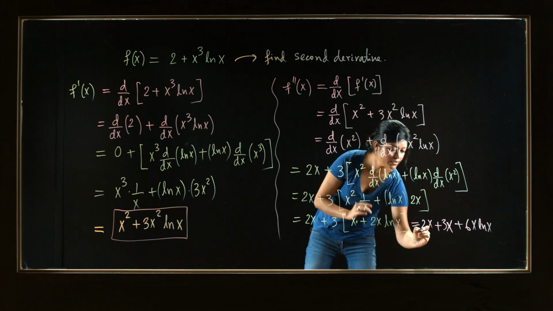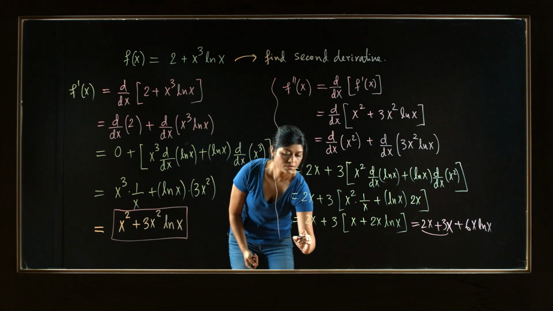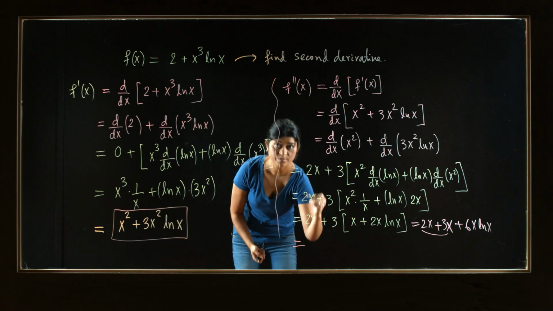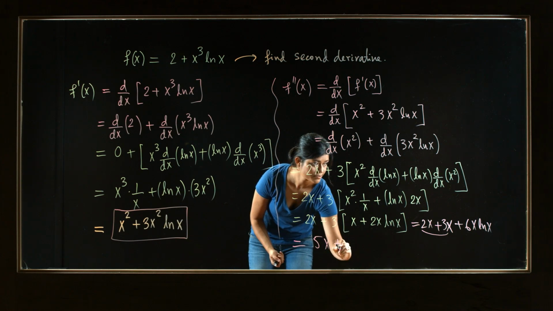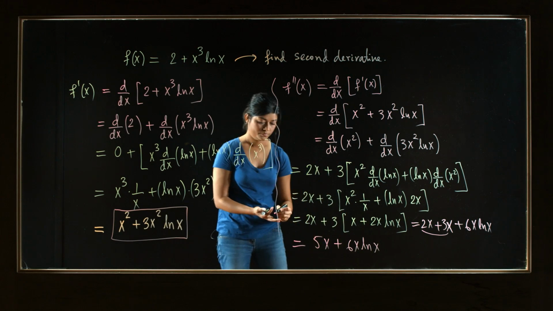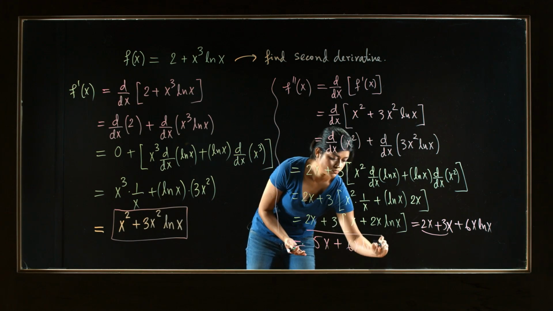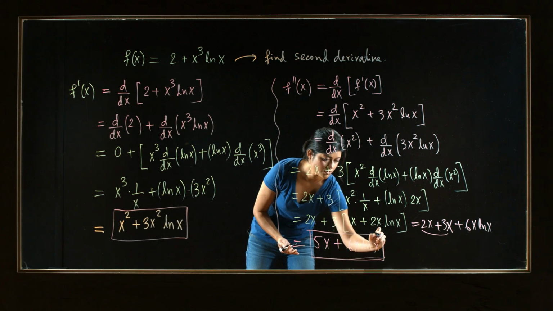And as you can see, these two terms are similar. You can combine them together. So we will have 2x plus 3x is 5x, 5x plus 6x ln x. So that is the second derivative of the function.